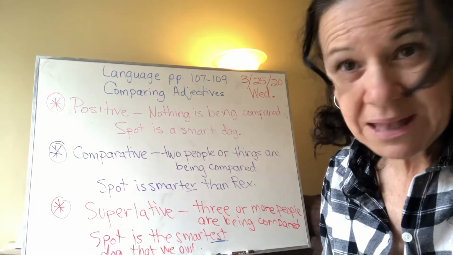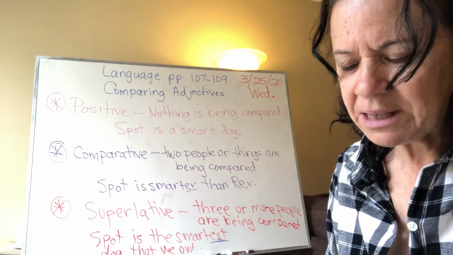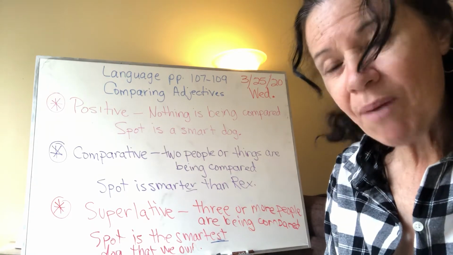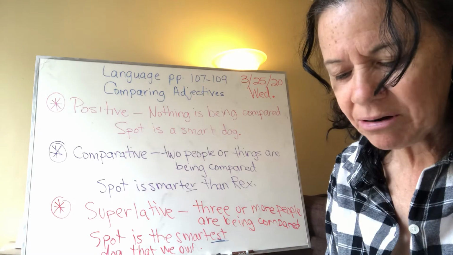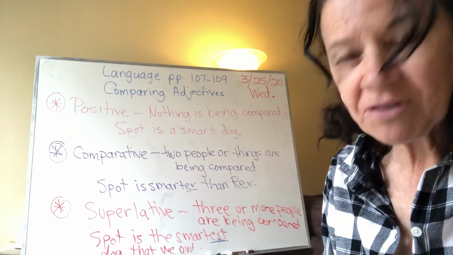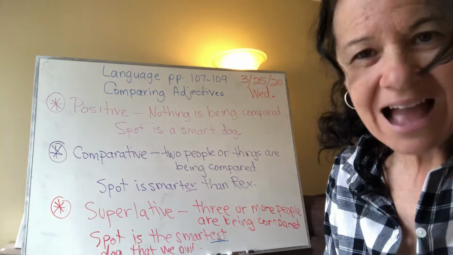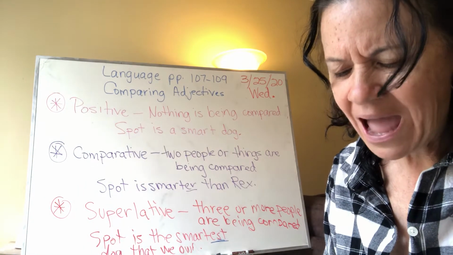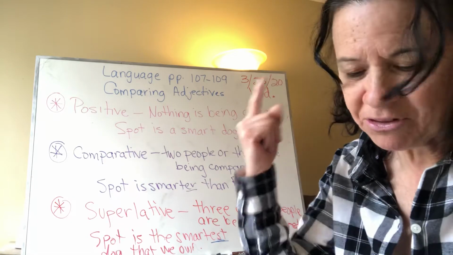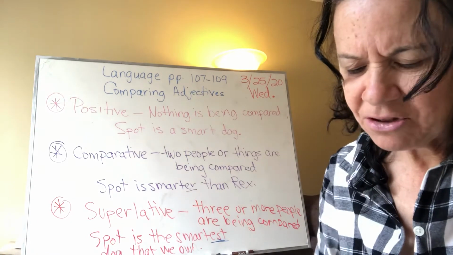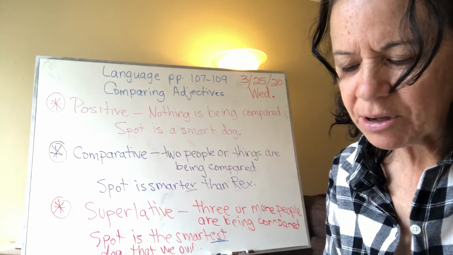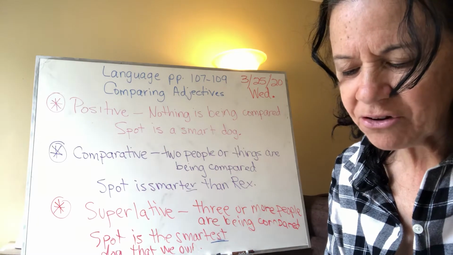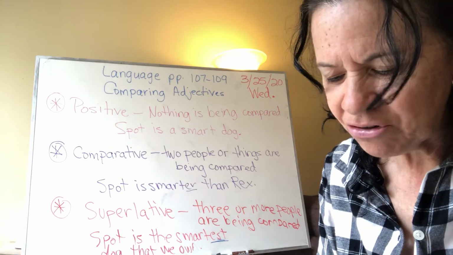Okay? Number 7, of Tim, Jason, and Sarah, Tim is the most accurate speller. Okay? You use most in front of accurate. Why? Because accurate is more than one syllable. Okay, the most accurate speller, comparing three people, Tim, Sarah, and Jason. Number 8, which of the books by Laura Ingalls Wilder did you find the most interesting?